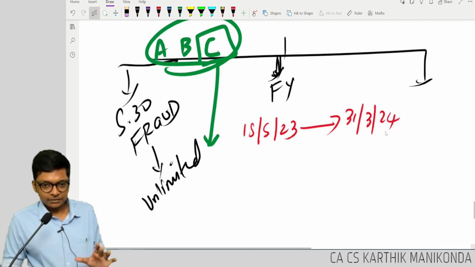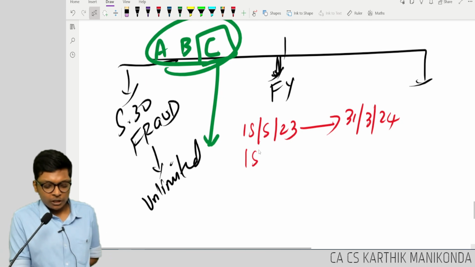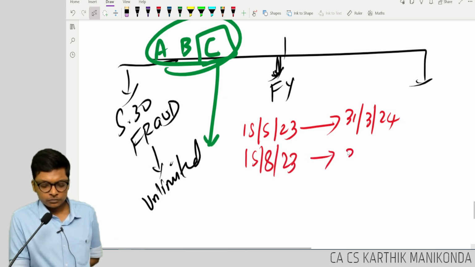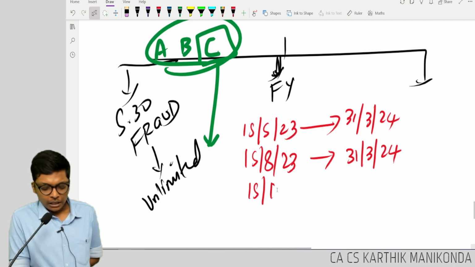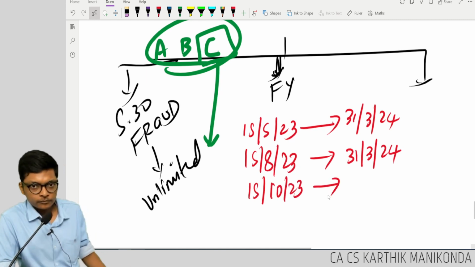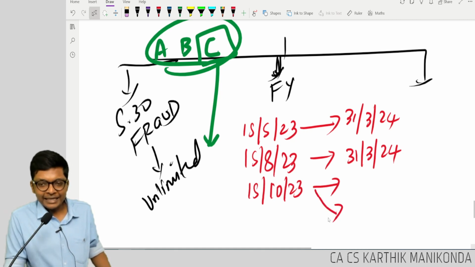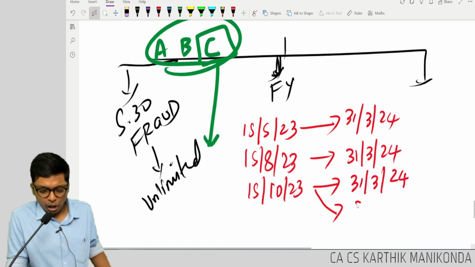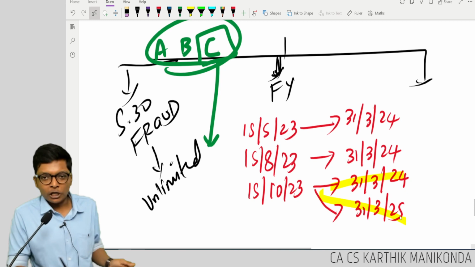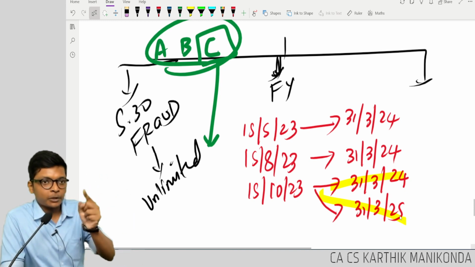If LLP is incorporated on 15th August 23, when does the financial year end? 31st March 24. If LLP is incorporated on 15th October 23, when does the financial year end? It can end either on 31st March 24 itself or 31st March 25 at the option of the LLP. Only the first year has the option.